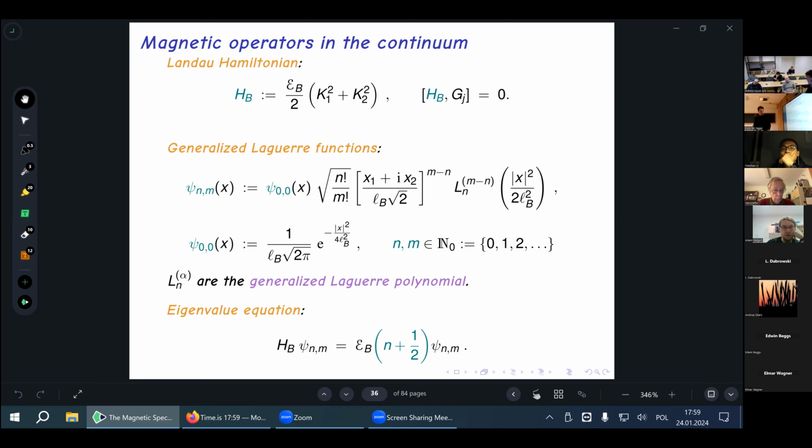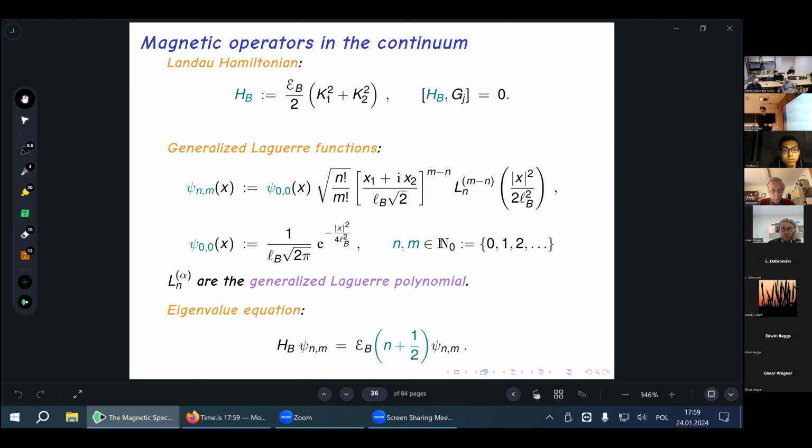Also, Thomas, remember that the commutation relation between K1 and K2 is exactly as for annihilation and creation operators. Exactly, but we still have G1 and G2 that at this moment are just making this symmetry with the Landau Hamiltonian. Because of that, I have this m.